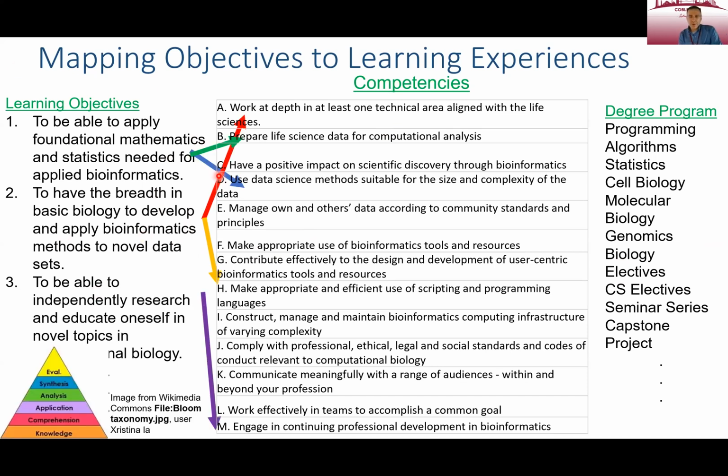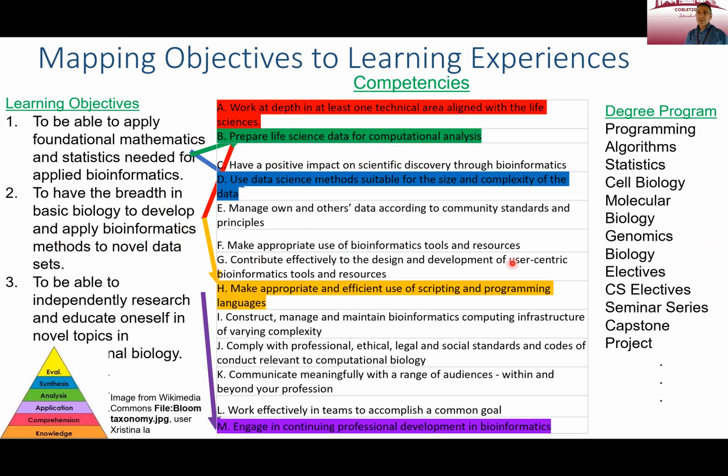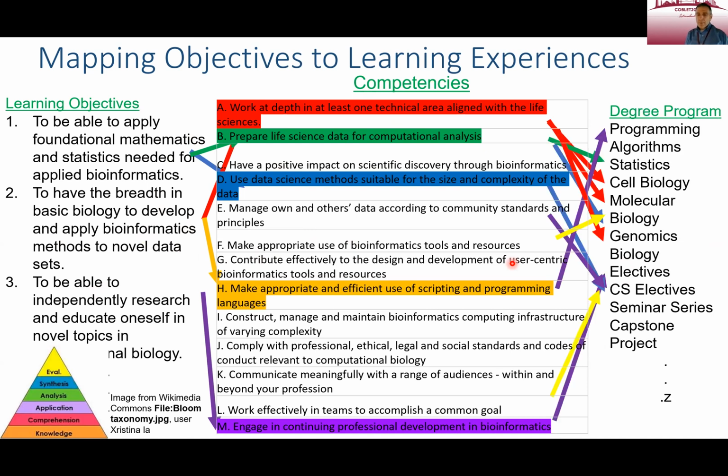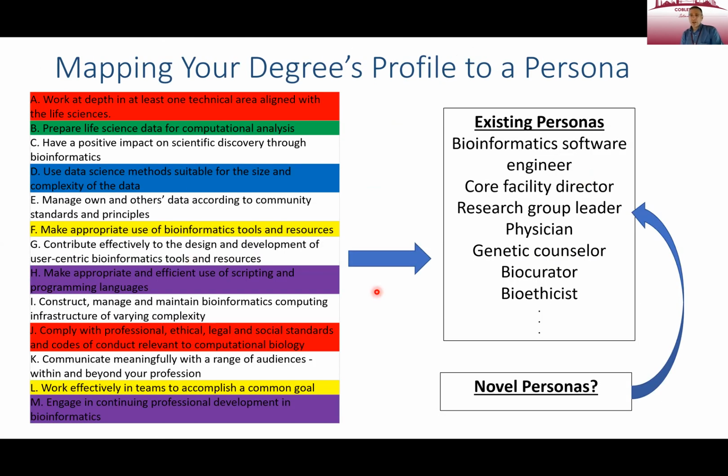But whatever objectives you have, we can say you should be able to map them to a competency framework and figure out what competencies those learning objectives will entail, map them to a degree program, and certify that your degree program does in fact meet the competencies that are needed for those learning objectives and that match whatever profile or persona you're trying to develop.